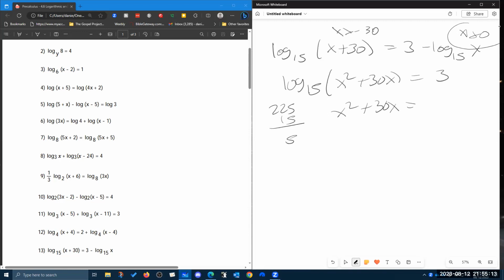Let's see, this is 3375. X squared plus 30x minus 3375 equals 0.